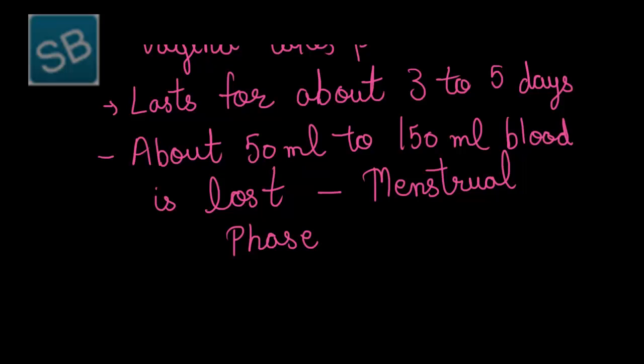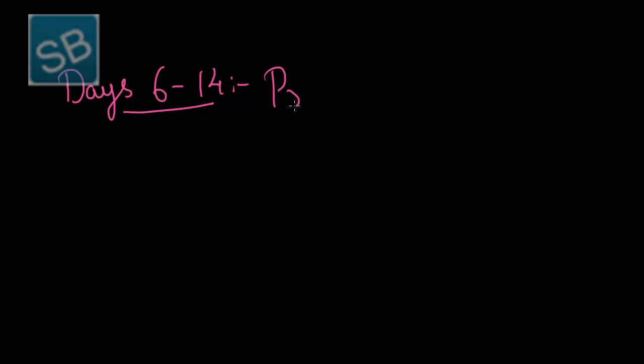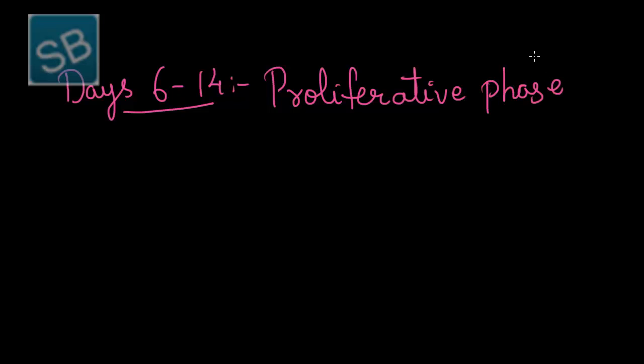Following it occurs the second phase, that is the phase that takes place between days 6 to 14. This phase is known as proliferative phase. In this phase, gradually the concentration of female sex hormone increases.